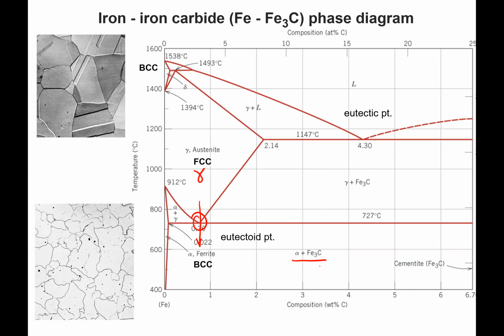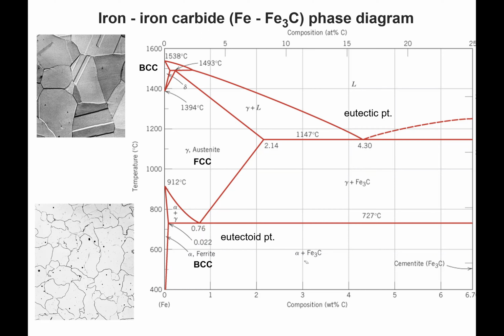So that's really the key, is that you have one solid being transformed into two different solids. And the two different solids are going to have very different compositions. And so we're going to have the same difficulties we have with the eutectic case, in that we need to form two different phases with two very different compositions. And so we're going to need to form the eutectoid structure in a layered type format again.